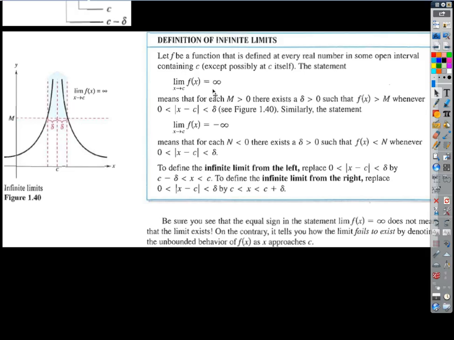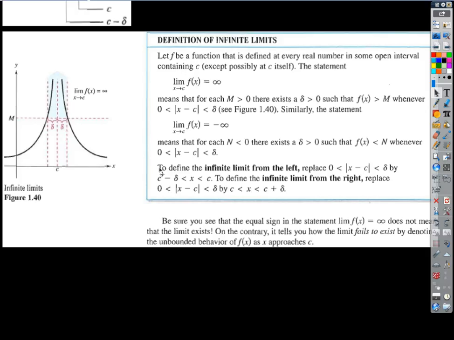Now that wouldn't work if, as we got closer, at some point the function dipped down again. Then that doesn't work. As long as the function is continually going up and up and up, then we could still formalize this definition, right?